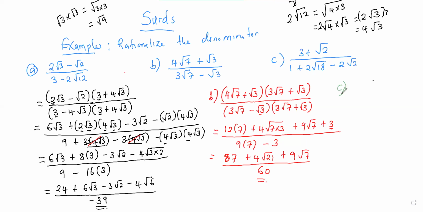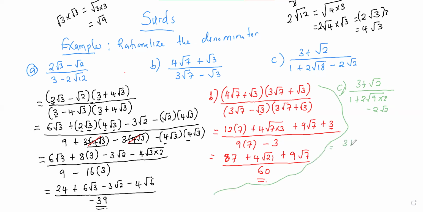So C, 3 plus root 2, you divide by 1 plus 2 root, we can write 18 as 9 times 2, and then minus 2 root 2. So my board has ended there. So I'm doing this.